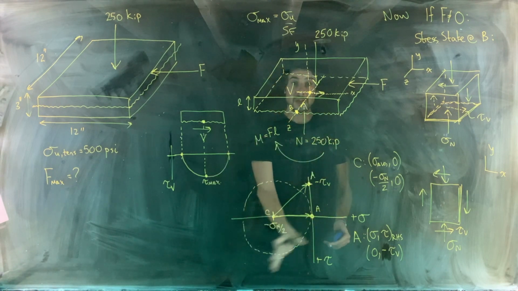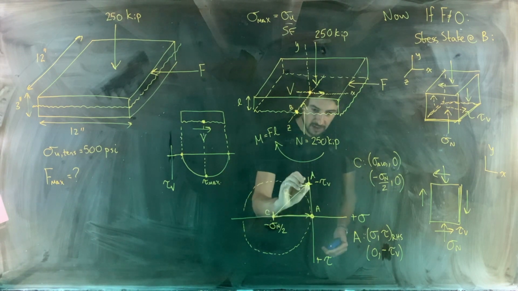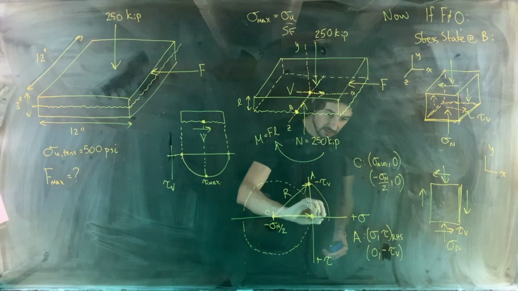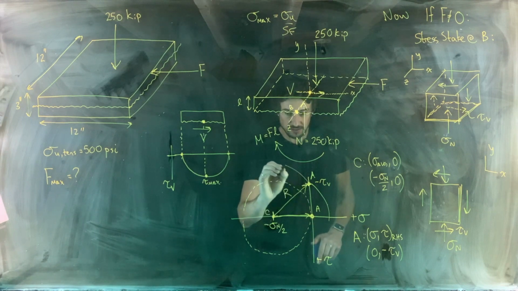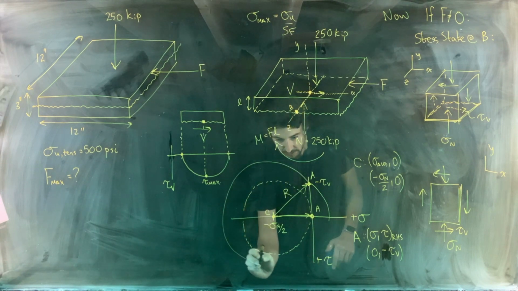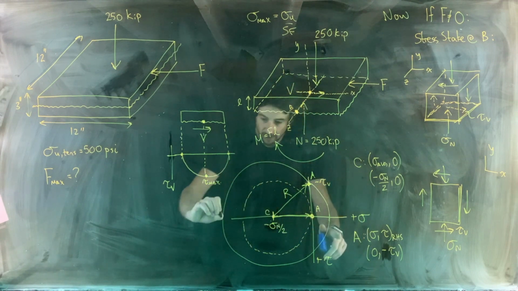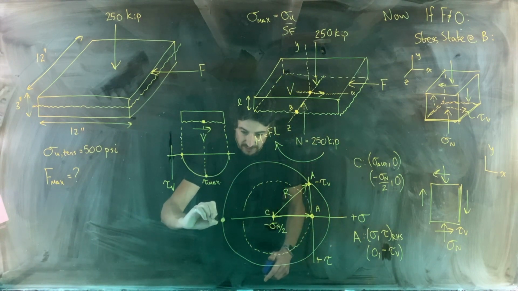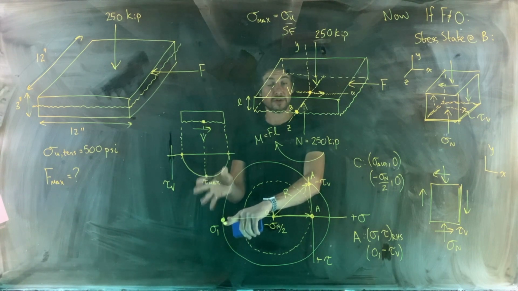And you can see what's going to happen now when we draw this circle is that when we sweep that radius R down to the x-axis, we're actually going to have a tensile stress now. So if we continue doing the circle, right, we're going to have something like this, where our first principal stress, sigma 1, is this large compressive stress, it being the first principal stress, sigma 1, because it has the largest absolute value.